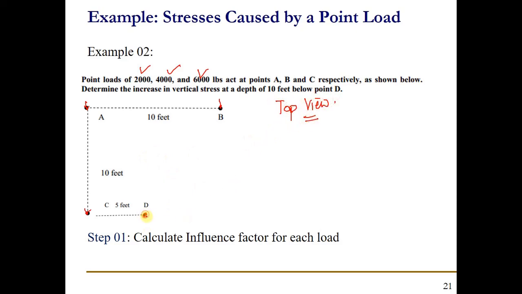We are asked to find out the stress increase, delta sigma. We need to find out delta sigma at point D, but at a depth of 10 meter.